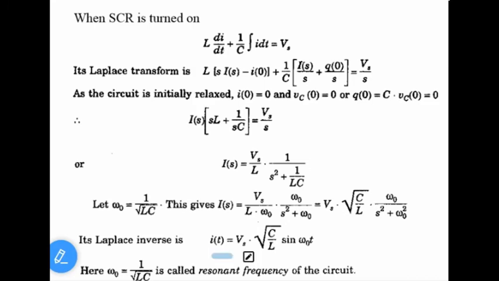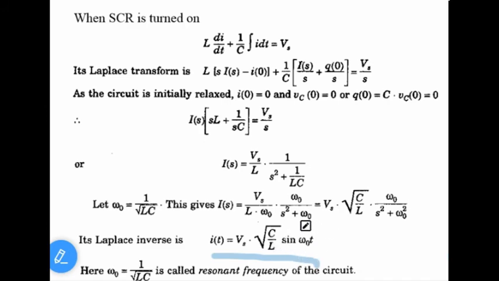This is the current expression: i(t) equal to Vs, the supply voltage, into root of C by L, sin omega naught t. Since the circuit is a resonant circuit, we get a resonant frequency omega naught equal to 1 by root LC. Now this current waveform is a sine wave.